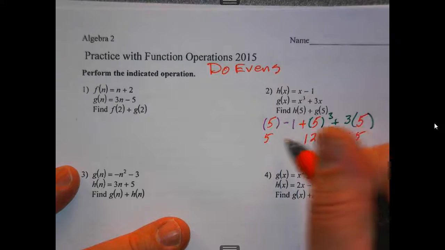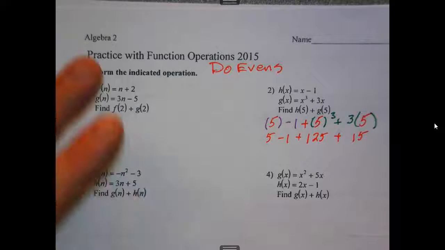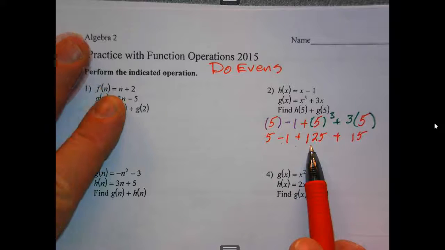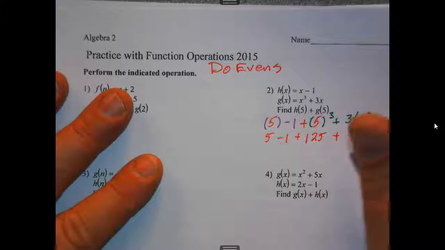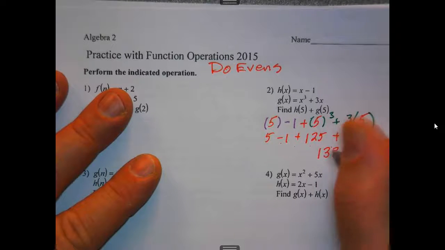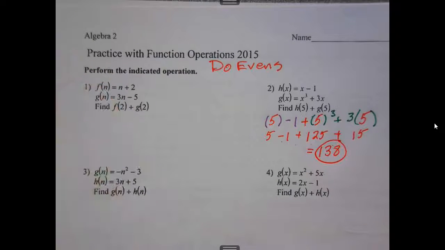Here, nothing to do. Minus 1 plus. Okay, 5 minus 1 is 4. Plus 125 is 129. Plus 15 is 138. That, my friends, is the answer to number 2.